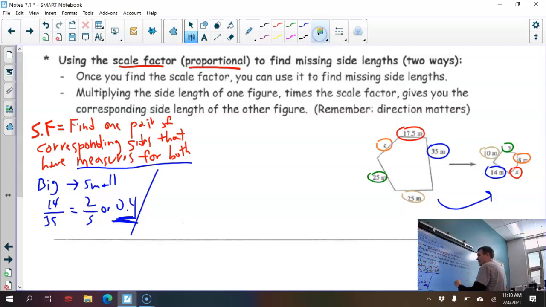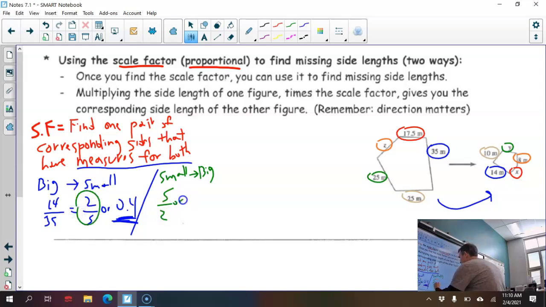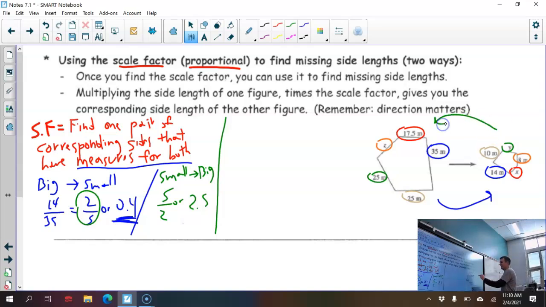What if I wanted to go from small to big? If I want to go from small to big, all I do is reverse it, and it would be 5 over 2, or 2.5. All right, I'm not sure I've left myself enough room here. Okay, so my scale factor going this way is 2.5.